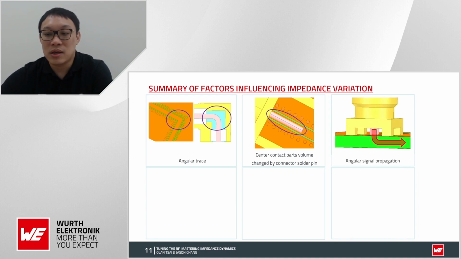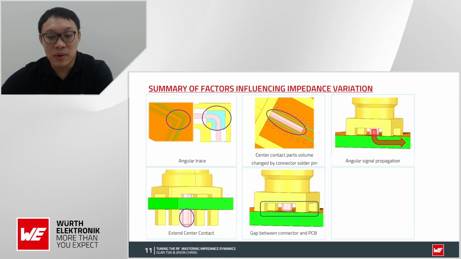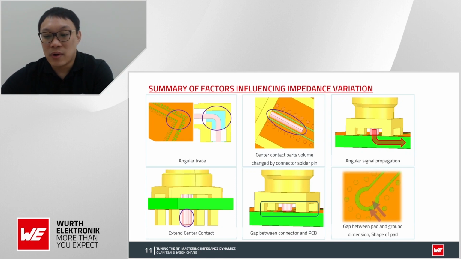The third one is the angular signal propagation. There we have the extended center contact and the gap between the connector and the PCB. And the last one is the gap between the pad and the ground, or even the shape of the pad.